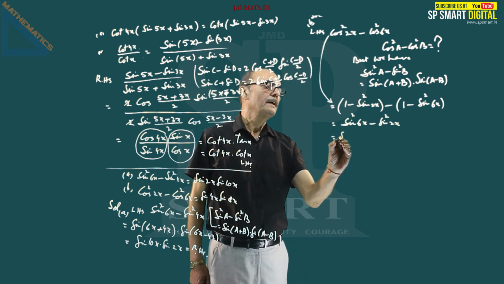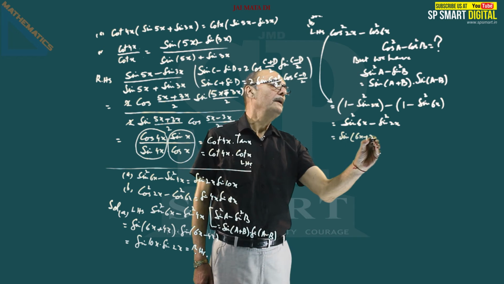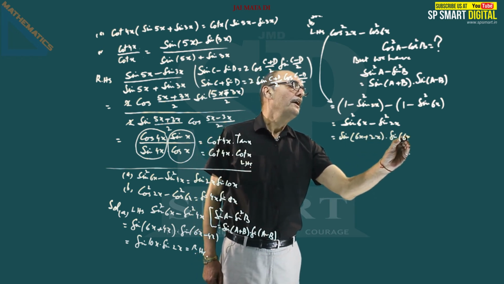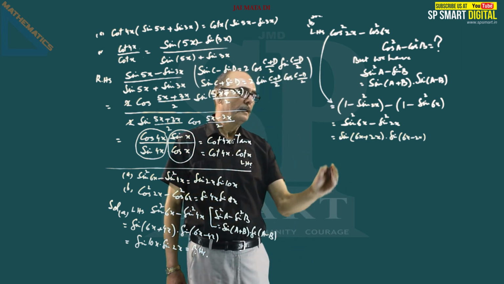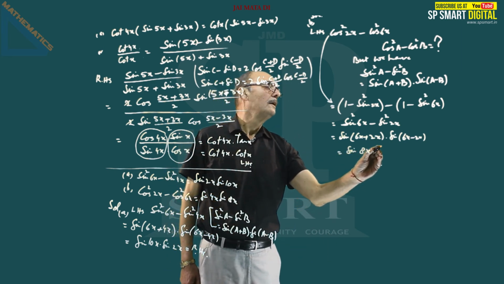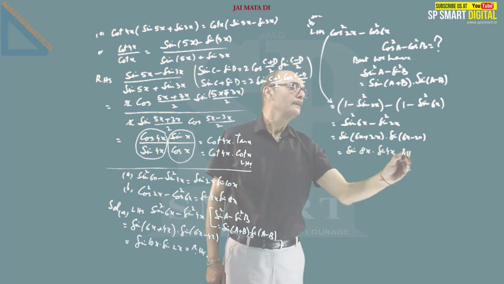So, this will be sin of A plus B multiplied by sin of A minus B. So, this comes out to be sin of 8x into sin of 4x, and this is the right hand side.